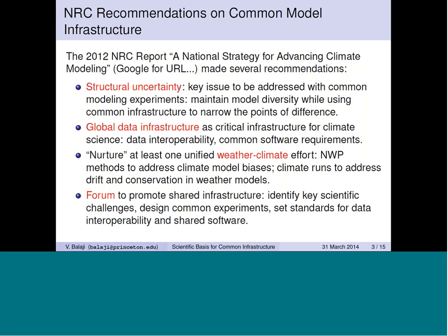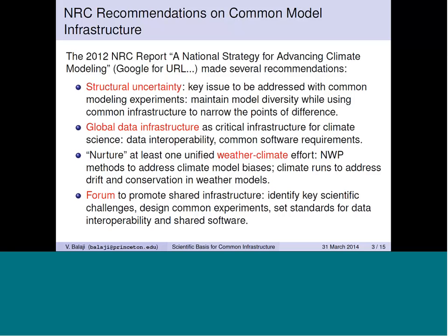So the first point to keep in mind is that there's a thing that we call structural uncertainty, which is different models developed by different modeling groups. They may represent a certain process in the climate system differently. So there are different representations of the same thing. That is called structural uncertainty, and common modeling experiments help you run the same experiment using two different representations and then look at the differences.